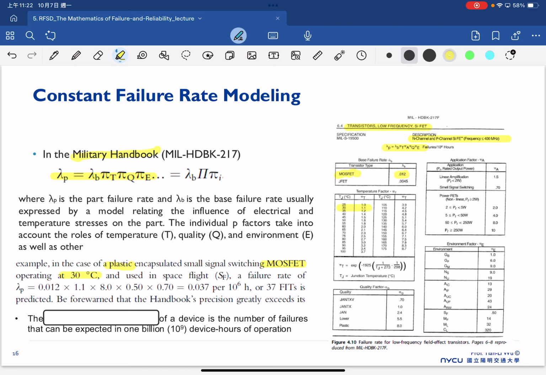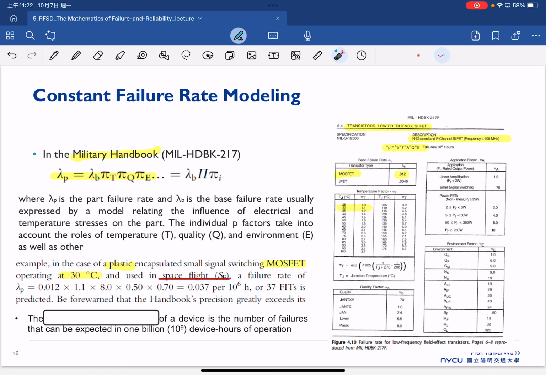This is a condition where we consider that this MOSFET is being used for space flight. Then we can start to estimate the failure rate. It would be equal to the value from the MOSFET, 0.012, times the temperature factor 1.1, and times all other details.